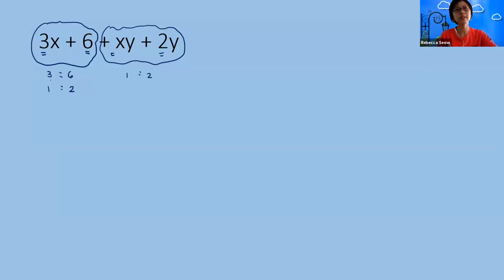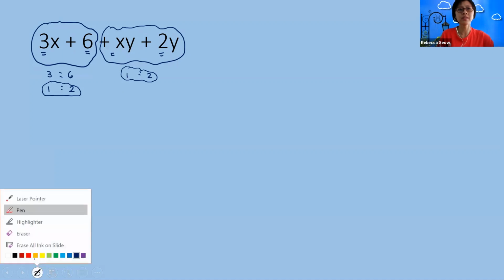So now I note that for my first group, the coefficient ratio is 1 to 2, and for the second group it is also 1 to 2. It makes sense to group 3x plus 6 into one group, followed by xy plus 2y into a second group.